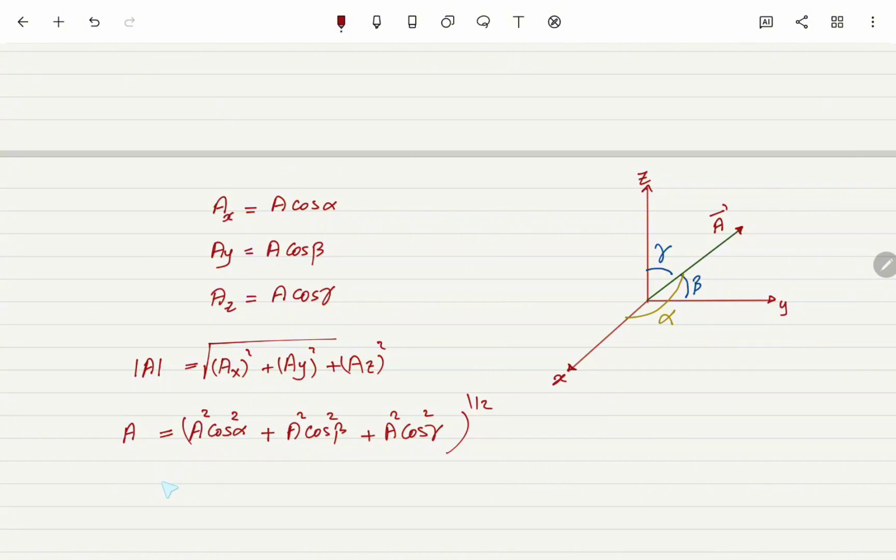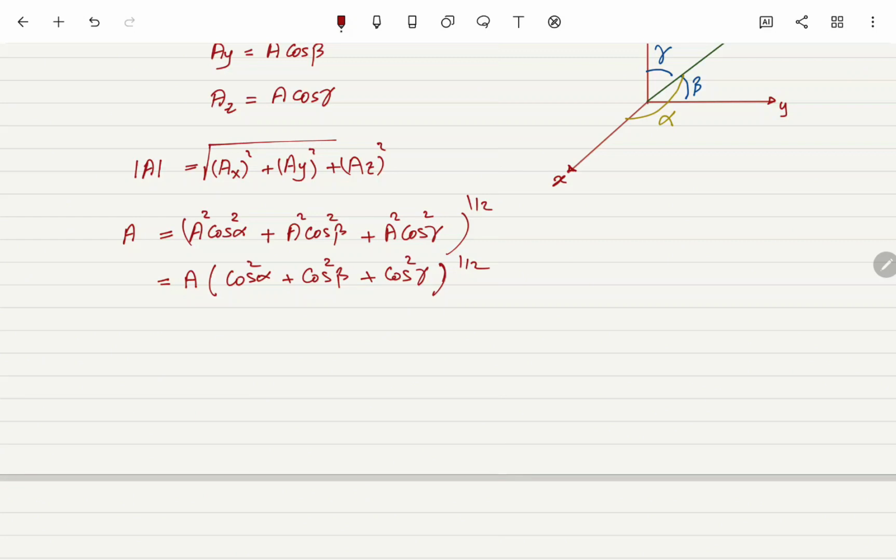We can just take A out of this. So A times cosine squared alpha plus cosine squared beta plus cosine squared gamma, all to the power half. And from this one here, we can conclude that cosine squared alpha plus cosine squared beta plus cosine squared gamma all equal 1.